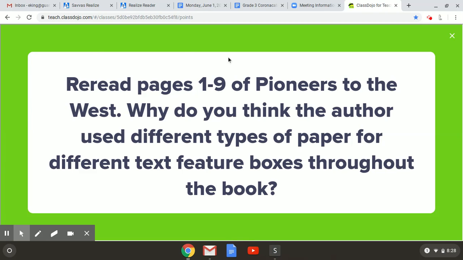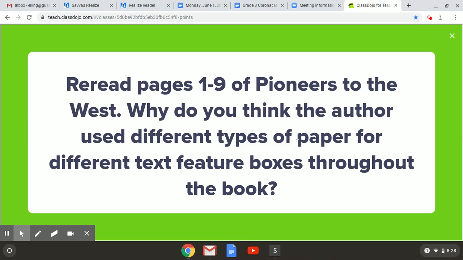All right, so our focus question that we're going to be thinking about as we read today is, when we read pages 1 through 9 of Pioneers to the West, why do you think the author used different types of paper for different text feature boxes throughout the book? So you'll notice right away when we go to our book, the author uses different looking types of paper for each of the text features.